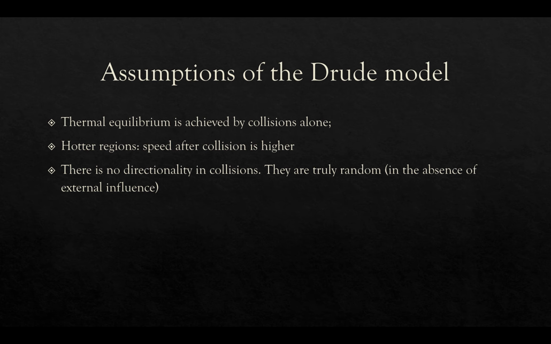You can make any assumptions you want, but if those assumptions work, then nature behaves like that to a certain extent in certain circumstances. So this is a very nice example of how simple assumptions actually work. We will see how they work and where they don't work in later classes.